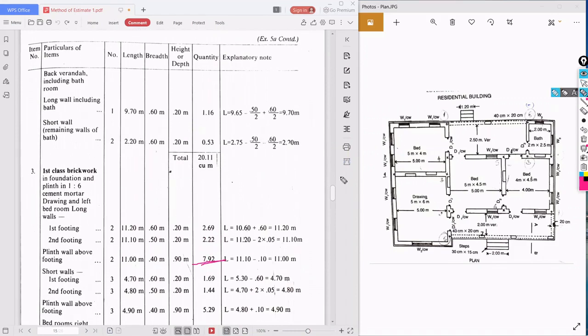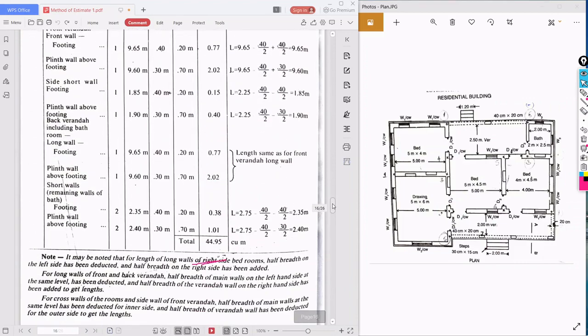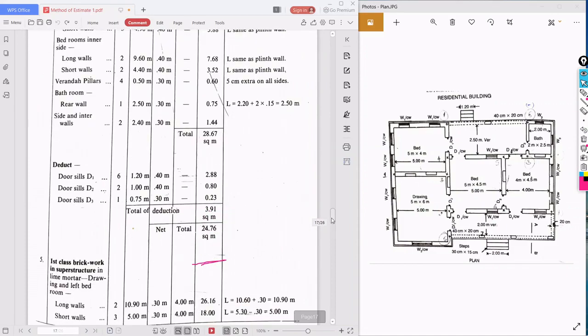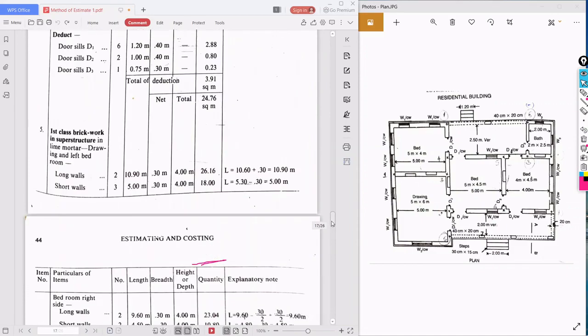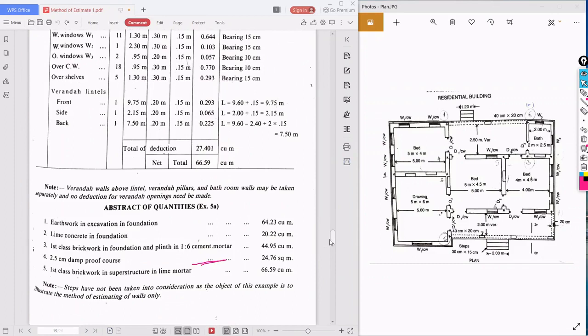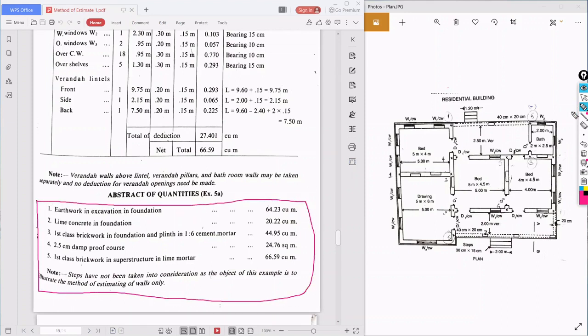Next one is 44.95. Next one is 24.76, yes. Next one is 66.59. I'll take a screenshot of this and we'll compare.